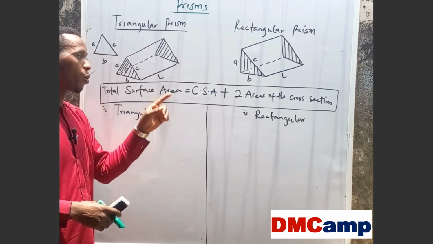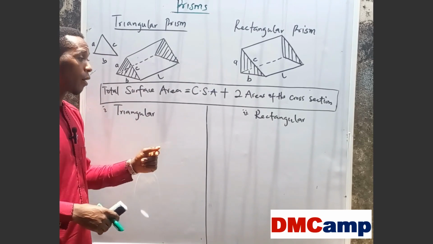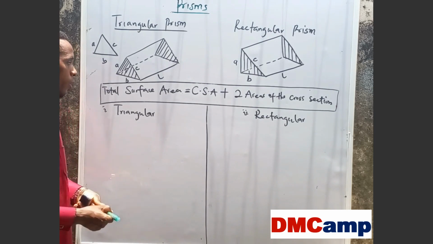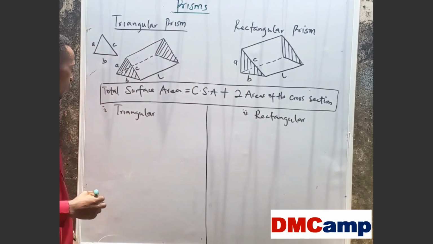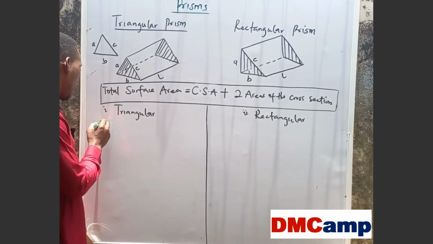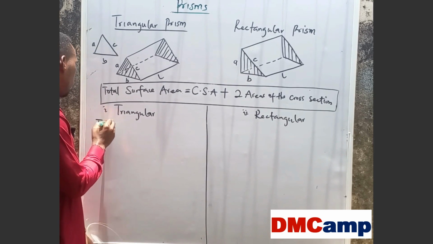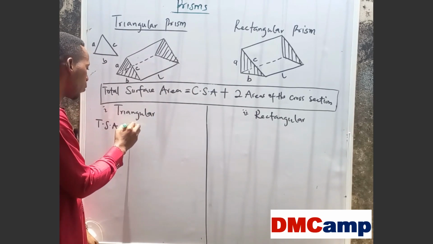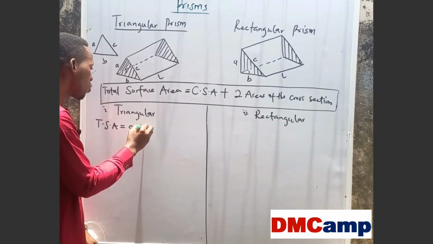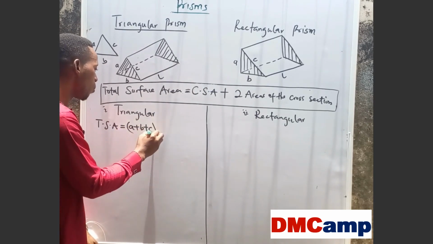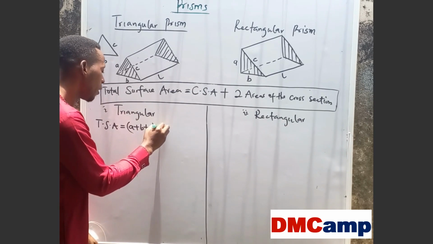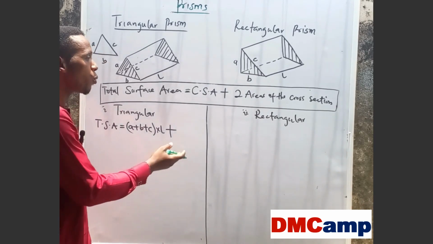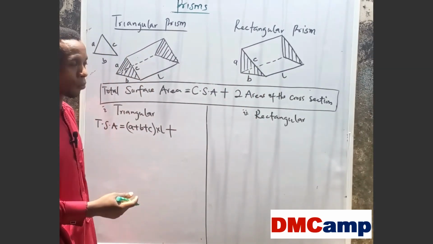Now, for the triangular, the cross surface area we've gotten to be A plus B plus C, multiplied by the length. Plus the two areas of the cross section.